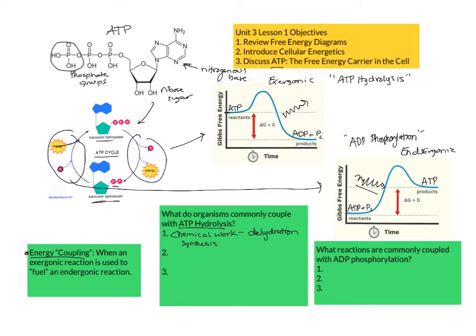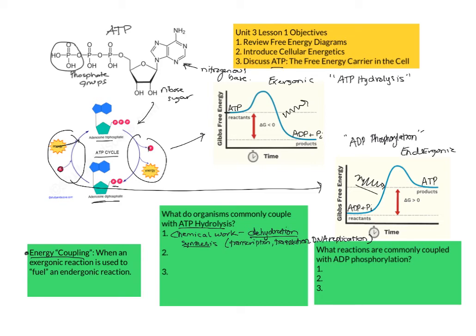Some of the most common ones are things like transcription, translation, and DNA replication. And remember what dehydration synthesis means. It's where you're building a polymer, and that requires energy. And so often ATP hydrolysis will be coupled with those processes to allow them to occur. Transcription builds that mRNA, translation builds that polypeptide, and DNA replication builds that new DNA molecule. That requires energy, and so we can couple it with ATP hydrolysis.